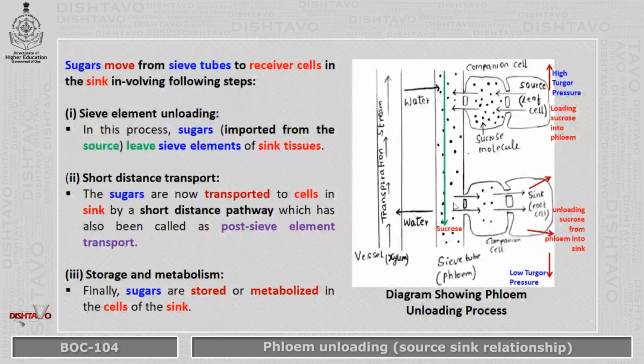The distance of transporting the sugar from sieve tube element to the sink is very short, so it is also called post-sieve element transport. The third one is storage and metabolism. Once the sugar is transported into the sink cell, it is stored or metabolized in the cells of the sink.